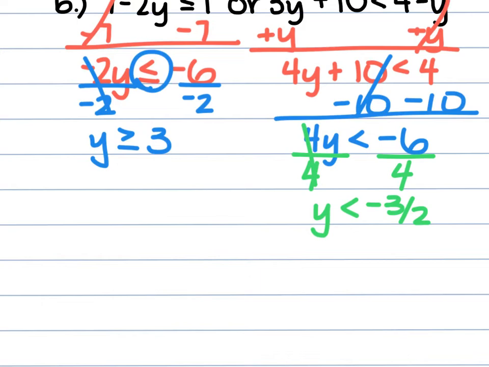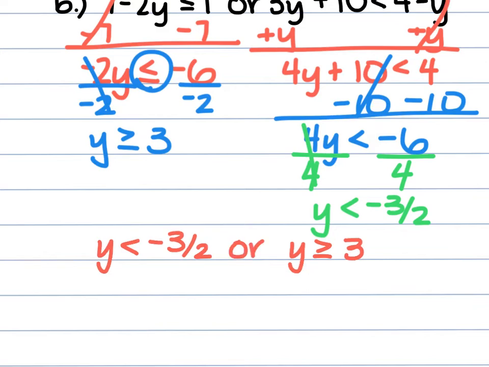So look at these two sets. You have one that's dealing with a negative 1.5, one that's dealing with a 3, which is greater than the other, the negative 1.5. So y is less than negative 3 over 2, and then we also have y is greater than or equal to 3. Do these two inequality signs point opposite ways? Yes. So this is definitely an or statement.